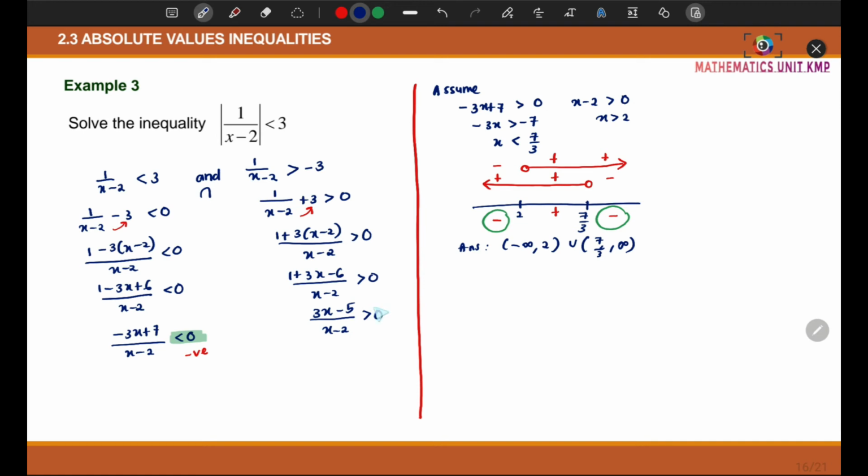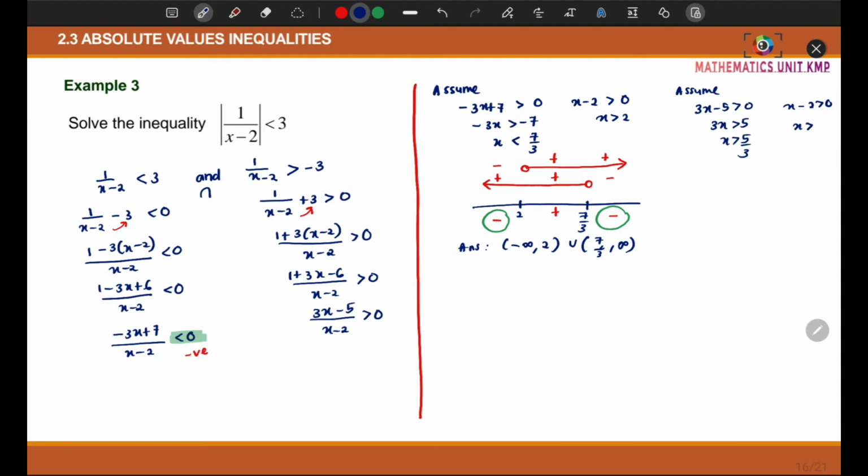For the second part, we need to assume as well: 3x minus 5 greater than 0, and the denominator x minus 2 greater than 0. Solve 3x greater than 5, x greater than 5/3.